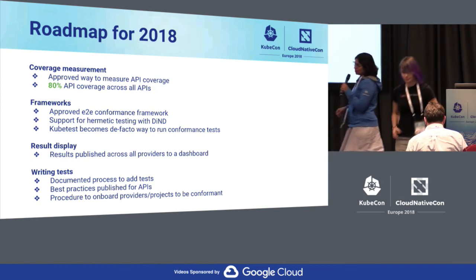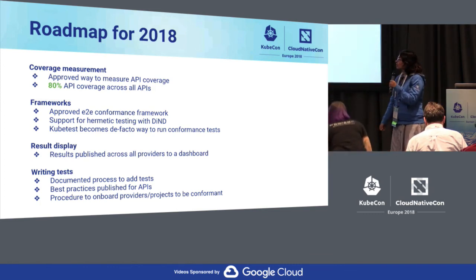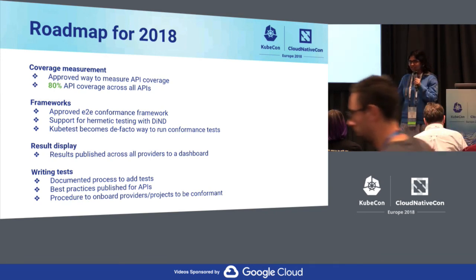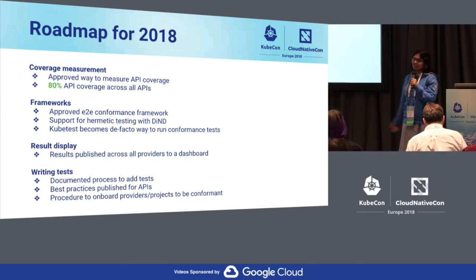This is just a rundown of everything we talked about. Basically, for coverage, we need an approved way to measure coverage and get the coverage up to 80% by end of year. For frameworks, discuss and then figure out an approved conformance test framework with the community, which may be Ginkgo at the end of the year, but at least get it all approved. And then hermetic testing via Docker for certain classes of tests.